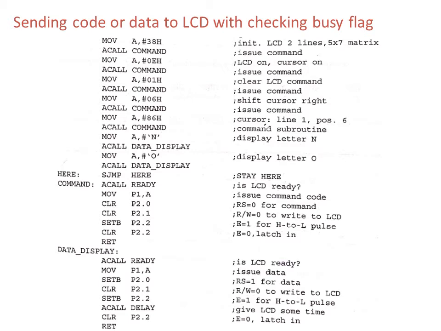We have noticed that we must put a long delay between issuing data or command to the LCD. We have one better alternative to this method, that is, we should monitor the busy flag before issuing a command or data to the LCD. This method is explained in this program.